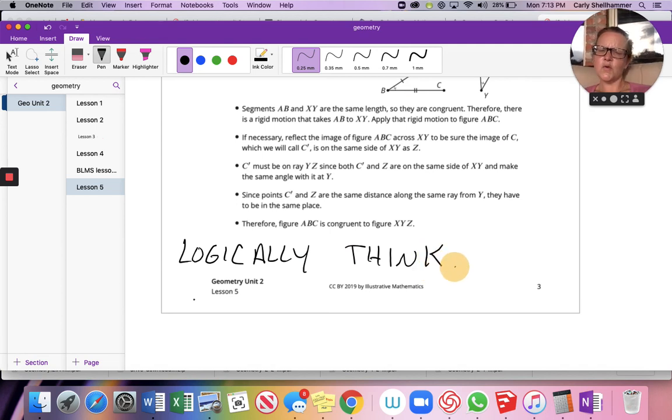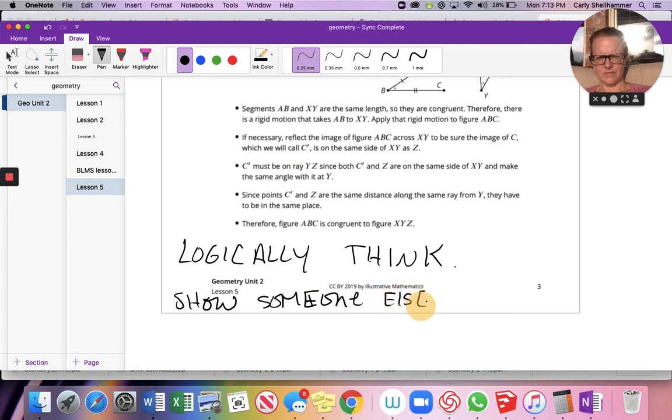I think of proofs as a way to show someone else how you think. Okay, so that would work too. And we'll get into more proofs as time goes on. All right, good work today.